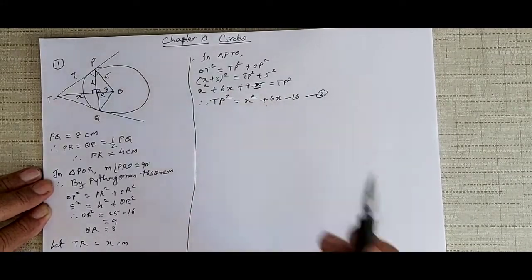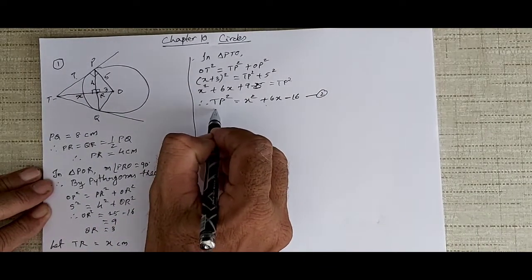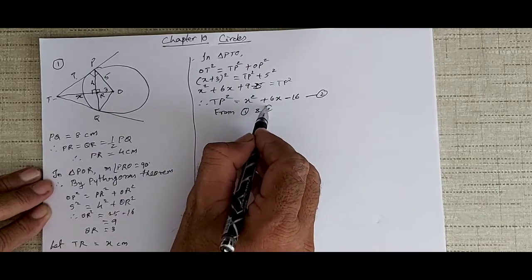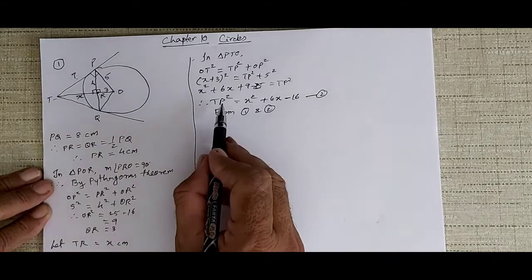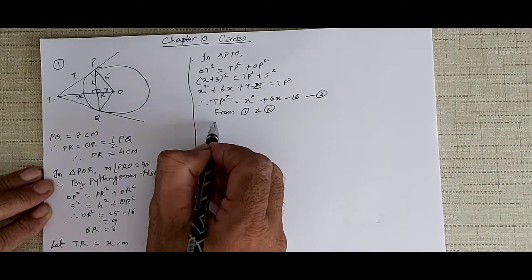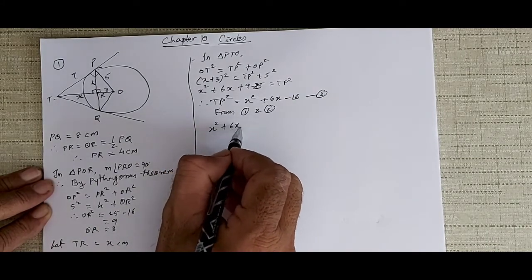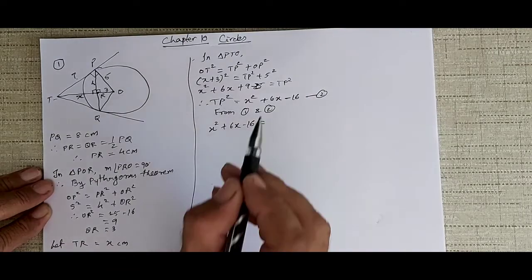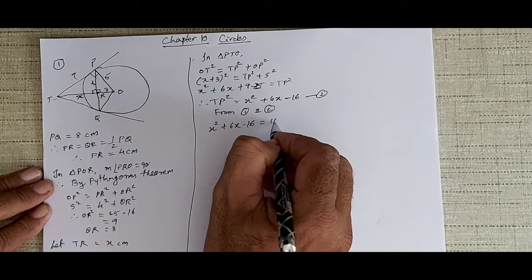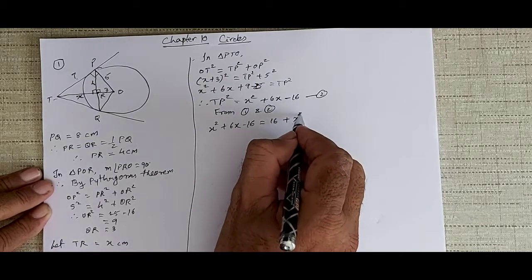Let this be result number 2. From 1 and 2, TP square in the first and TP square in the second, so I can make them equal. So x square plus 6x minus 16 is equal to 4 square, that is 16 plus x square.